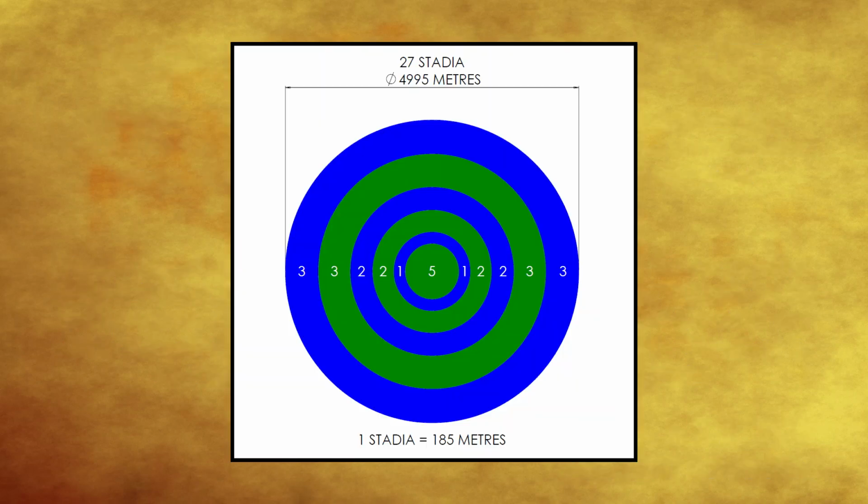So if we combine Plato's proportions with the 185 meter stadion, we get something that looks like this. So a total diameter of 27 stadia, or 4,995 meters, and the blue rings represent the canals of water and the green rings represent the land.